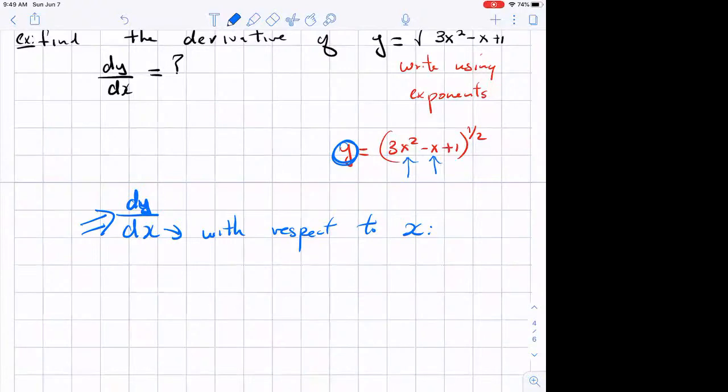This is the same as if we write y prime or f prime of x. There are different ways to write derivative.